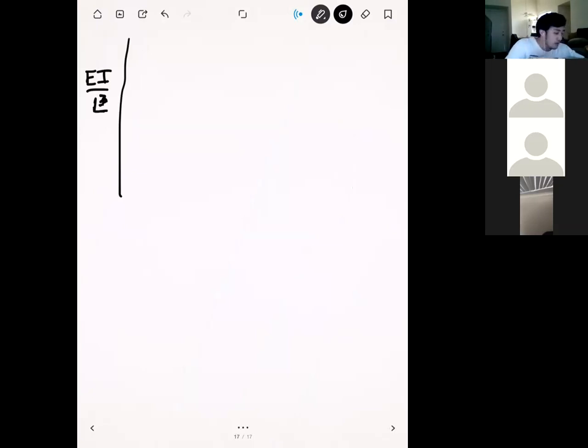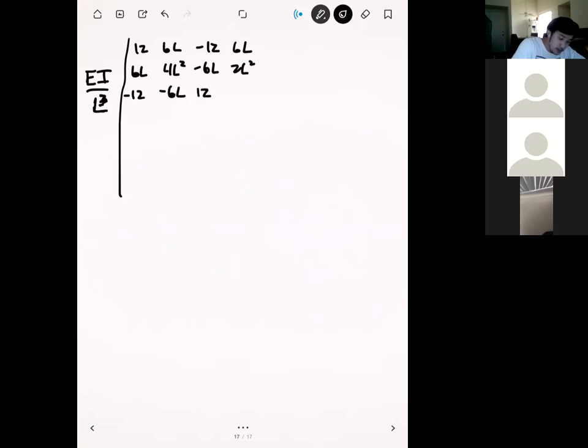First we have the contributions from element A: 12, 6L, minus 12, 6L; 6L, 4L squared, minus 6L, 2L squared; minus 12, minus 6L, 12, minus 6L; 6L, 2L squared, minus 6L, and 4L squared.